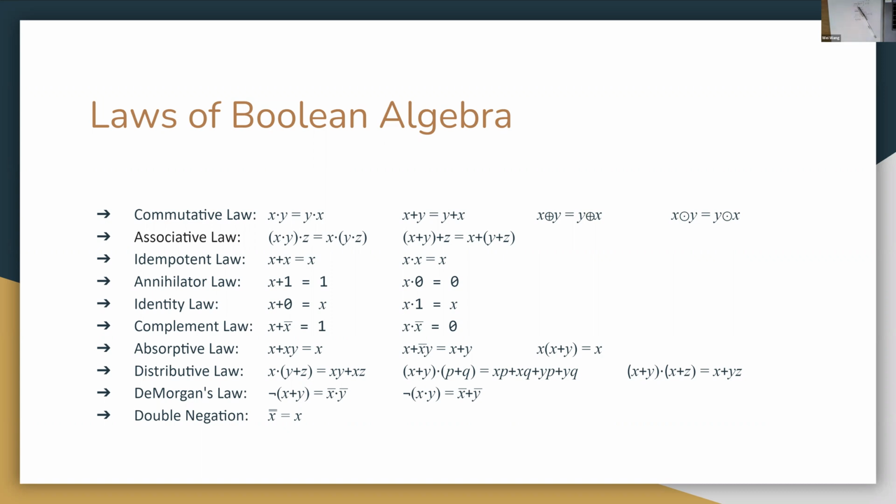So these laws are very simple stuff, right? And a lot of times you can just think about how these simplify things. So if you have X or X, it becomes X. And if you have X plus 1, X or 1, this always equals true, right?